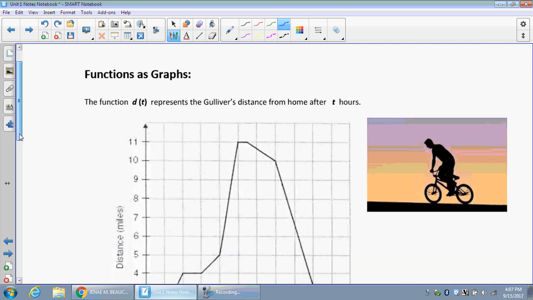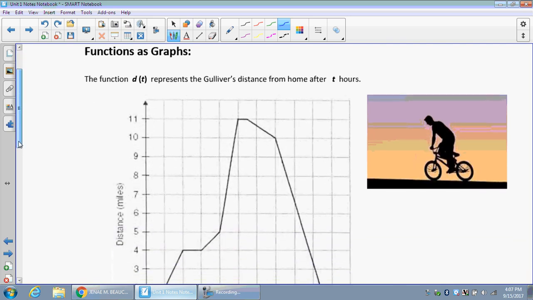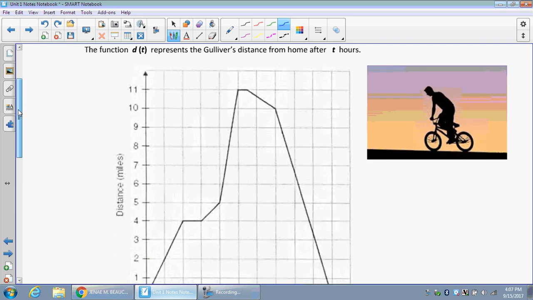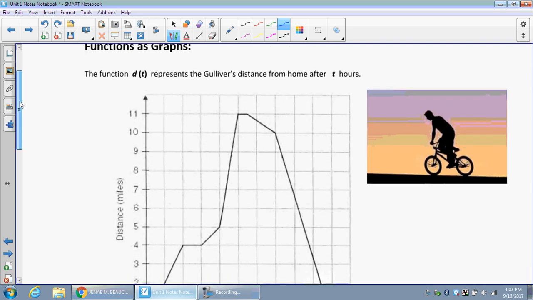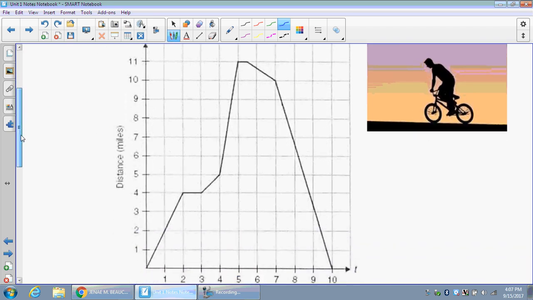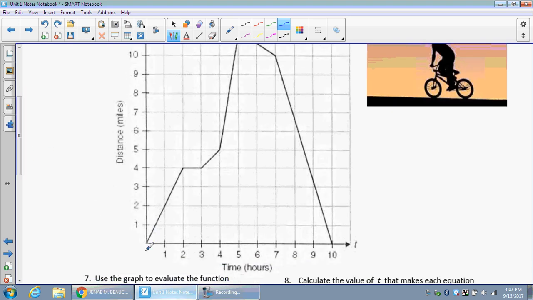Graphs. Knowing how to use function notation with graphs is super important. It's going to come up all year. You'll definitely see it in the future. So it says the function d of t represents Gulliver's distance from home after t hours. And so here's his trip. So he starts here.